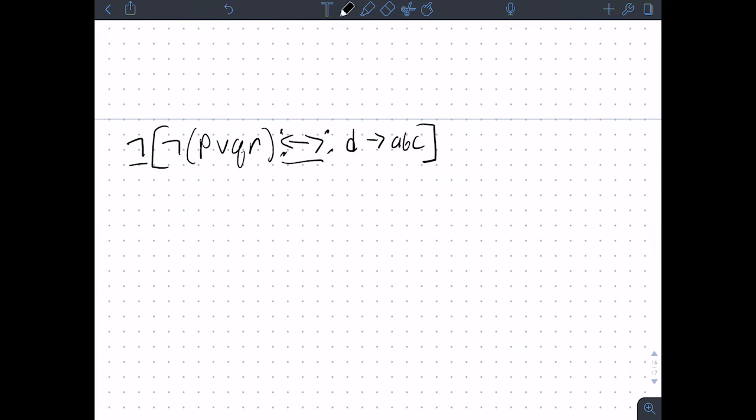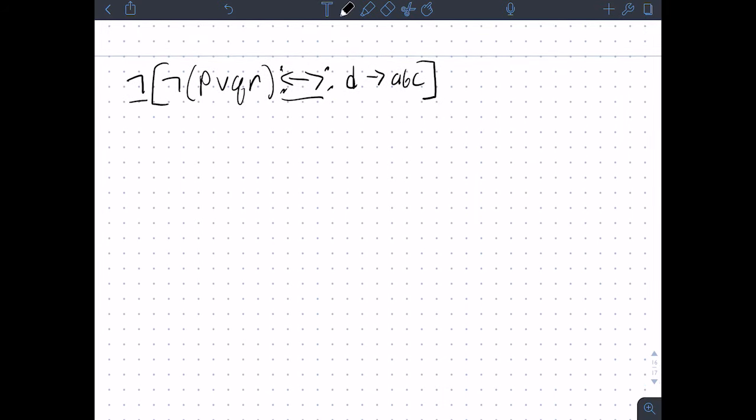So the way that I'm going to do this, just for illustrative purposes, is I'm going to negate this right side. So keep the left side the same, not D, then A, B, C.